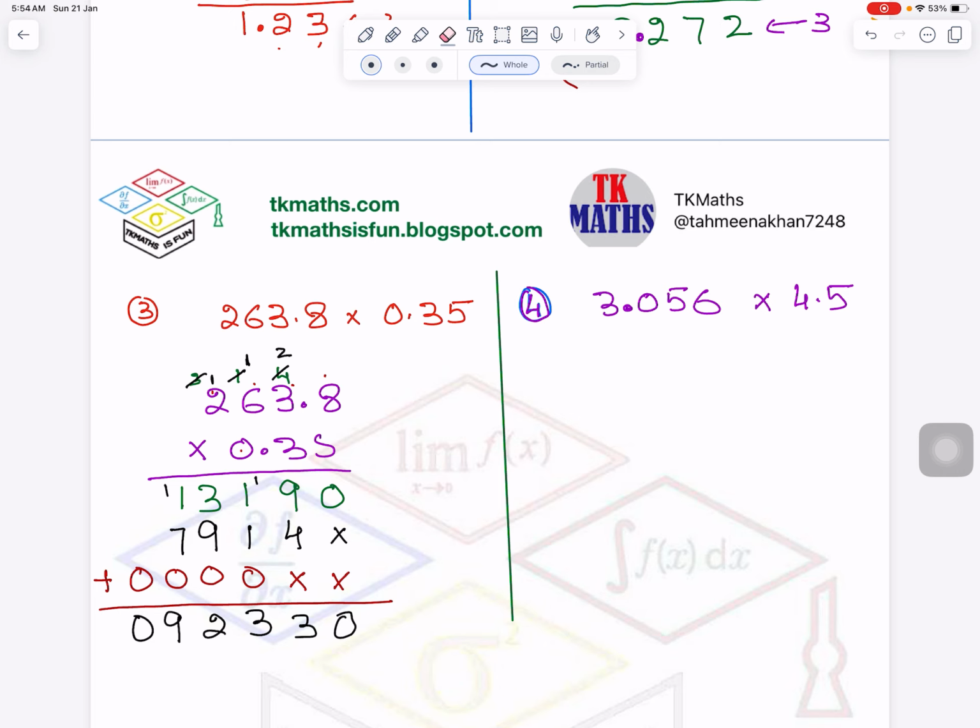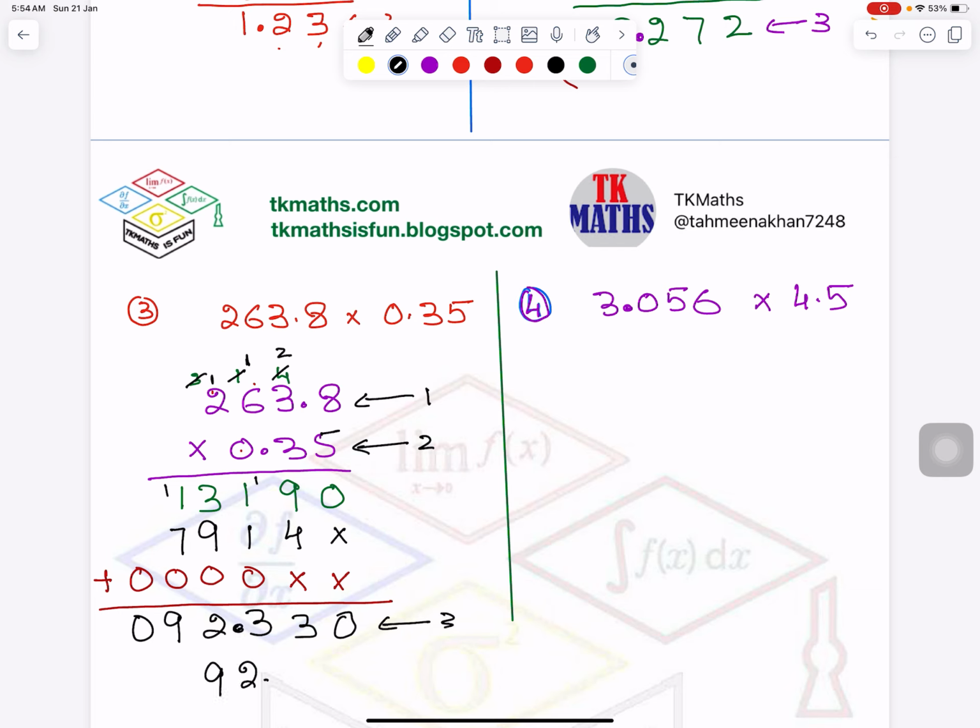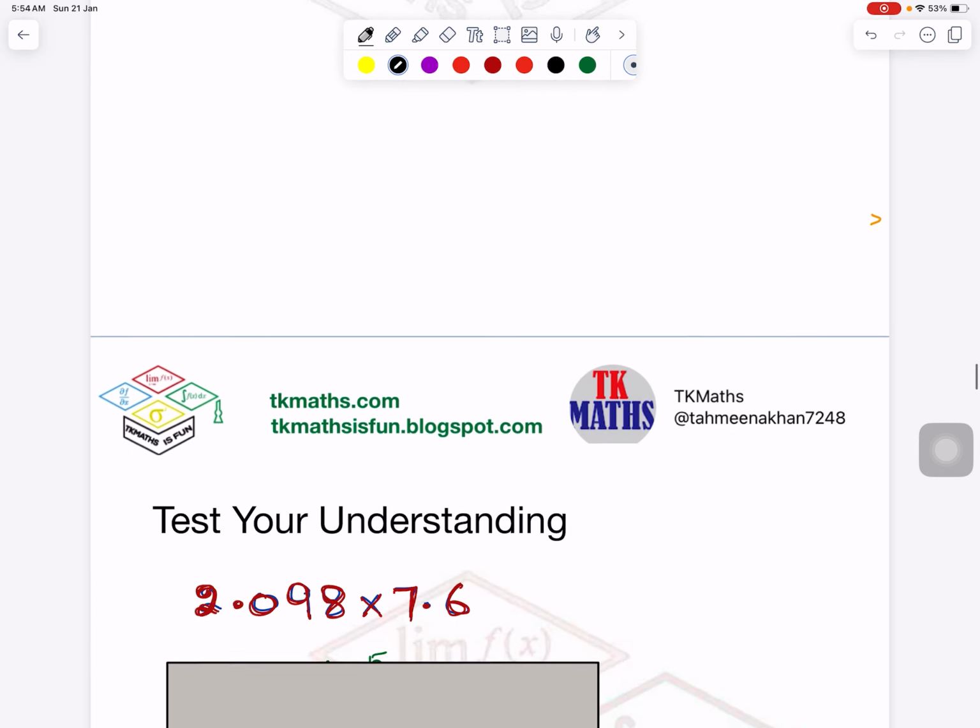So let me erase all unnecessary dots so that you do not get confused. Okay, so now decimal is after 1 digit here, after 2 digits here, so altogether 3 digits. So 1, 2, 3. So my final answer is 92.330.